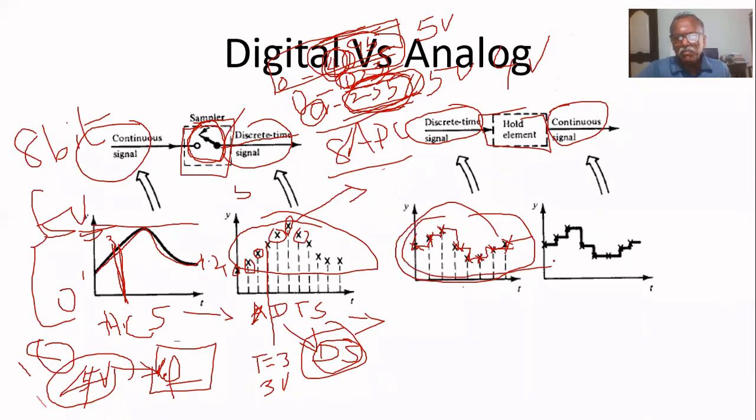How can we get very close to the analog value? If we increase the number of sampling points, so that many intermediate values are there, if you increase the number of samples, you will get close to the analog value. Not only that, the number of bits also plays an important role.